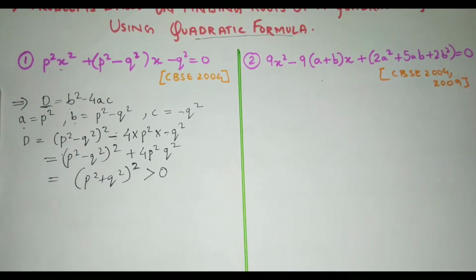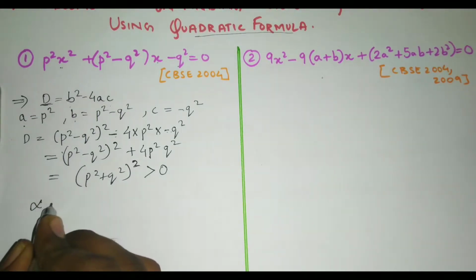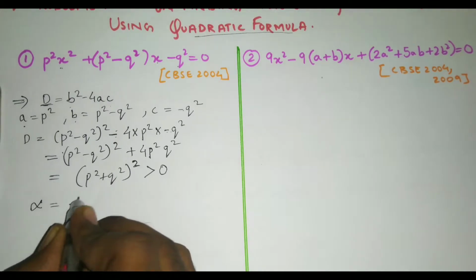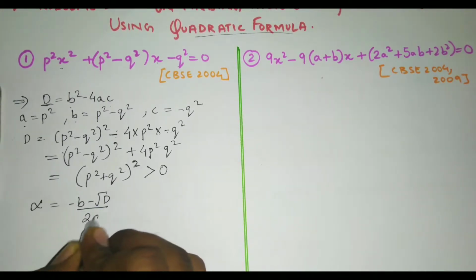And for finding the roots, we have to apply the formula. First, take the first root as alpha. Alpha is equal to minus b plus root D by 2a.